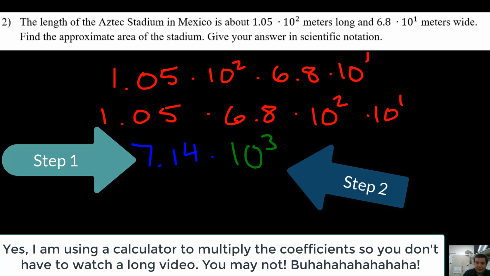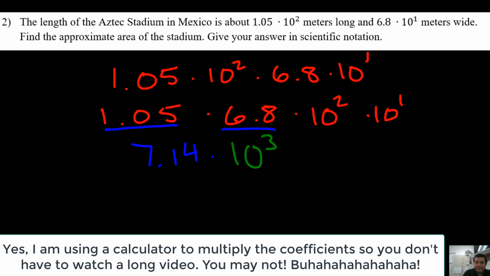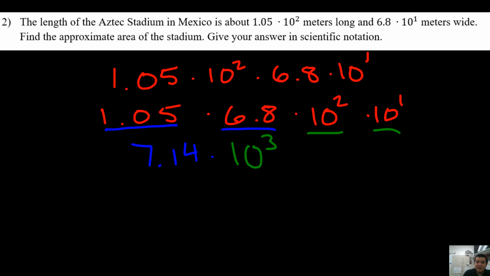Okay, so again, these are the coefficients, we multiply them together, and these are the bases, and we multiplied them together. And luckily for us, this is already in scientific notation, so we don't need to adjust it and do step 3. So we simply put down our units, square meters.